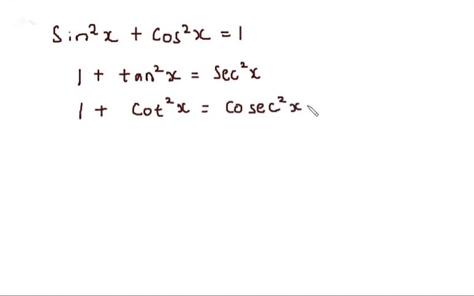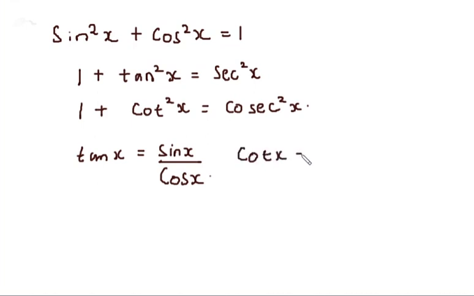We also know that tan x equals sine x over cosine x, and then cot x equals 1 over tan x, which is also equal to cos x over sine x.